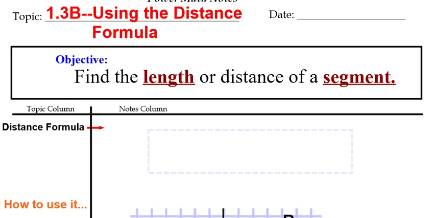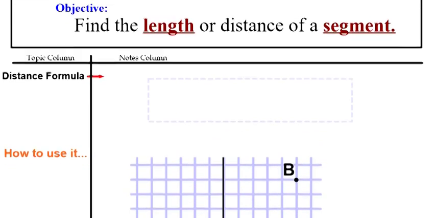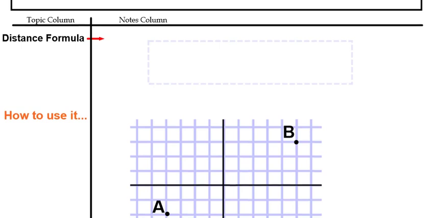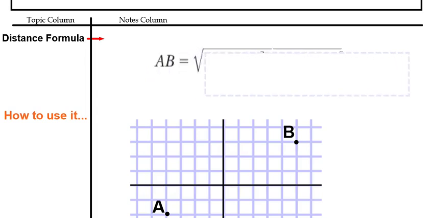So this first section that we have here, the first word we're going to fill in: the distance formula is how we find the length between 2 points if we can't count them in a horizontal or vertical distance. And our distance formula is, right here I'm going to show you, AB equals, AB is the length of a segment.